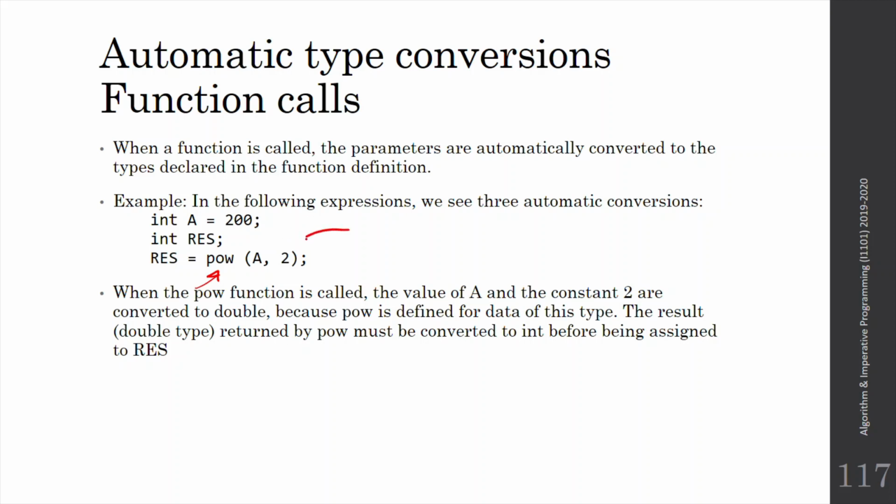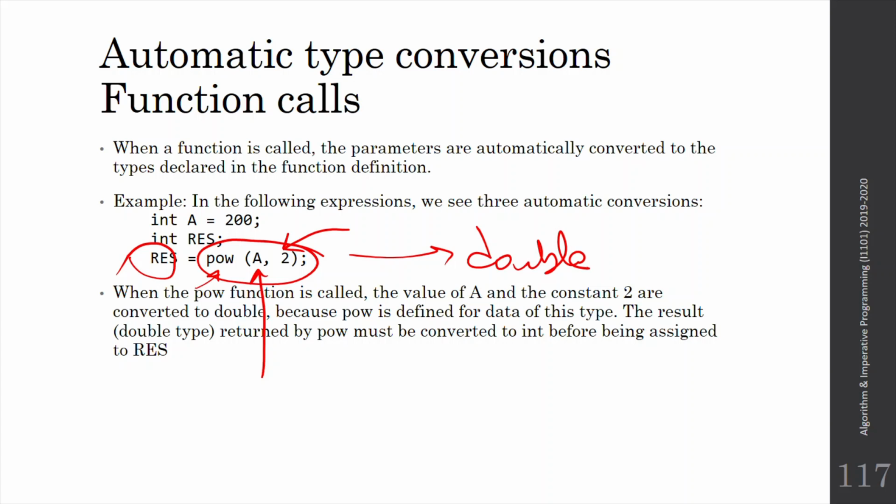So 2 here will need to be converted to double, and a will need to be converted to double. So we have now 2 conversions. The value returned by power is also a double. So we should put the double in res, but res is an integer, so we would force this operation from double to int.